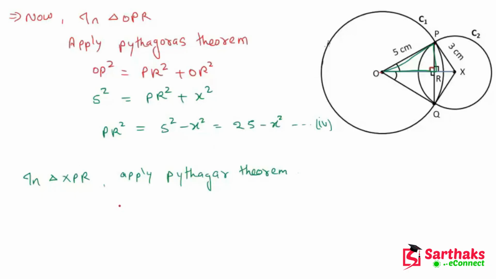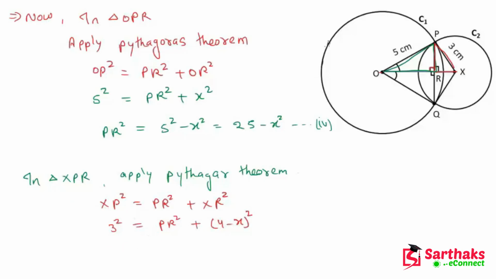So here we can write XP square is equal to PR square plus XR square. Okay, and XP is the hypotenuse, which is 3 square. PR is the same, PR square, plus XR, which we know is 4 minus X whole square.